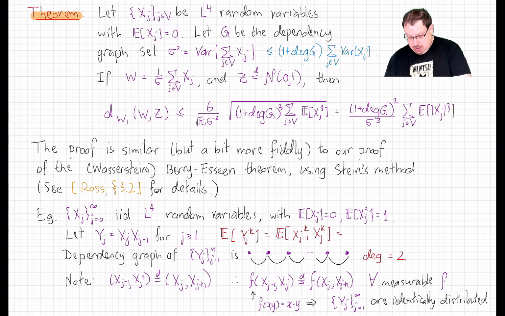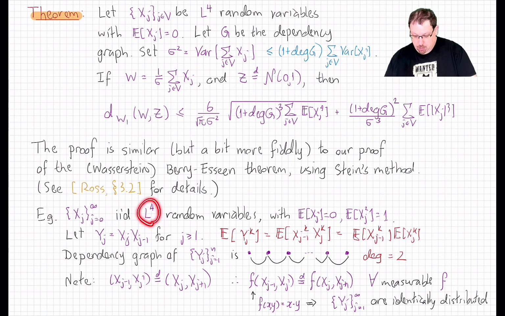So that's just the expected value of xj minus 1 to the k times xj to the k, provided that these terms are both in L1, which by our assumption of the x's being L4 will be true if k is less than or equal to 4. And by the identical distribution of the xj's, this is just the expected value of x1 to the kth power squared.